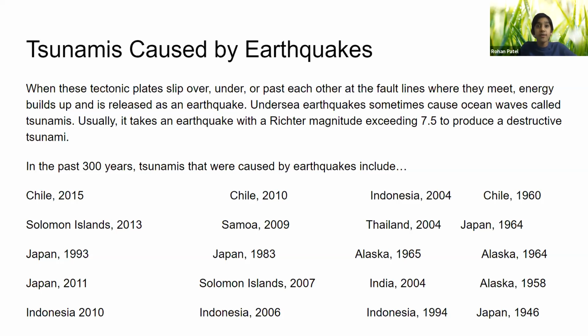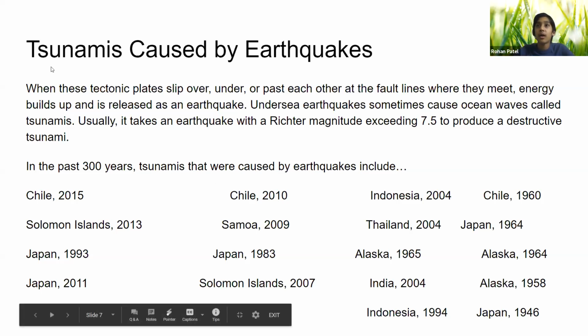In the past 300 years, tsunamis that were caused by earthquakes include Chile 2015, Solomon Islands 2013, Japan 1993, Japan 2011, Indonesia 2010, Chile 2010, Samoa 2009, Japan 1983, Solomon Islands 2000, Indonesia 2006, Indonesia 2004, Thailand 2004, India 2004, Alaska 1965, Indonesia 1994, Chile 1960, Japan 1964, Alaska 1964, Alaska 1958, and Japan 1946.